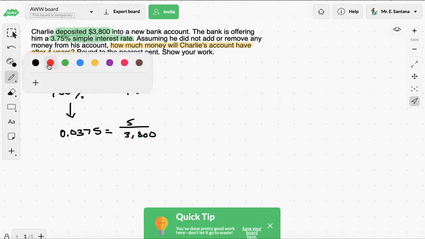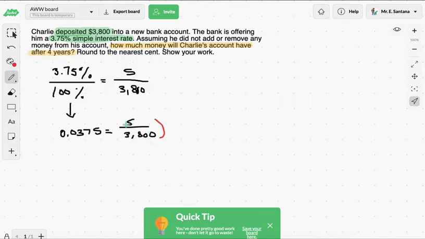To solve for that, you multiply both sides by 3,800, which eliminates the denominator on the right side, because 3,800 divided by 3,800 is 1, and then 1 times S, whatever S ends up being, is our answer.